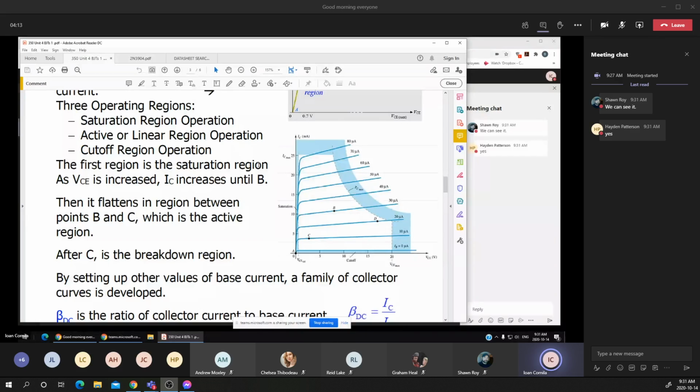Okay, before I start to continue on the transistors or BJTs, I remind you about Friday morning, 8:30, test 1 in B251.